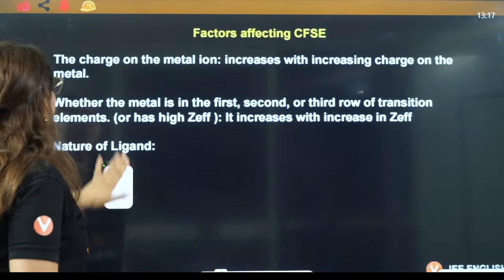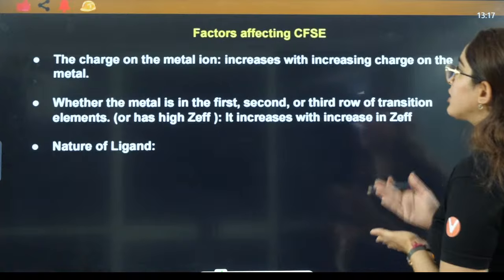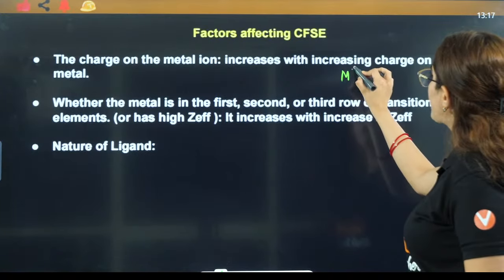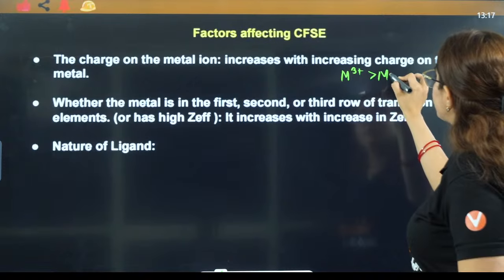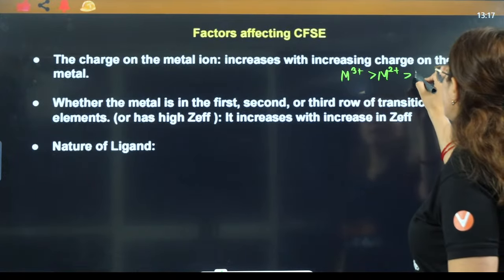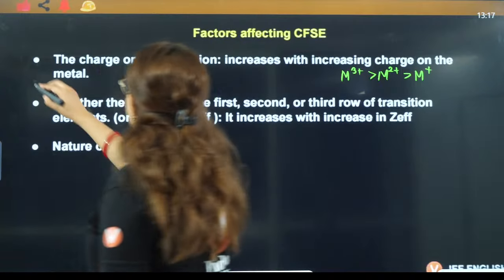Now let's see the factors affecting CFSE. The charge on the metal ion: CFSE increases with increasing charge. If you talk about a metal ion plus 3 and plus 2, definitely the plus 3 one will have maximum CFSE.